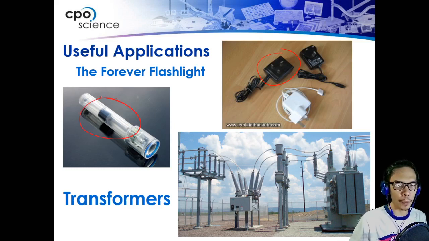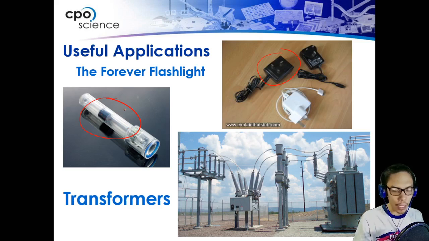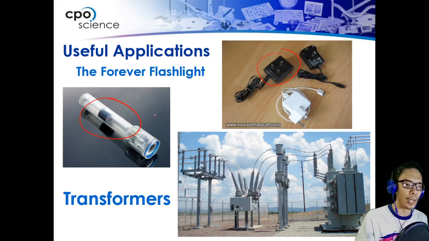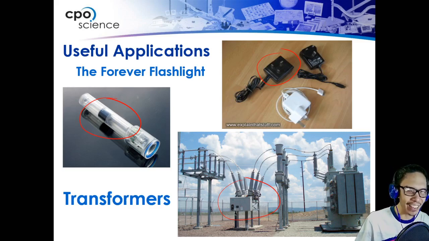Another one here, we have a forever flashlight, in which, in order to charge the battery, you just shake this flashlight. The coil of wire here acts as a generator. Once you move that coil of wire, it generates electricity that charges the battery of this flashlight. Now, without the transformer, the electricity that your home receives is around 144,000 volts.